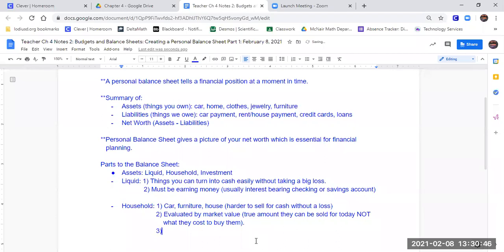There are websites to check, like Kelley Blue Book for the value of a car, and Zillow for the value of a home. For furniture, there are lots of websites, like Craigslist, where you search for something similar. Some of these assets will not be worth as much as you paid for them.